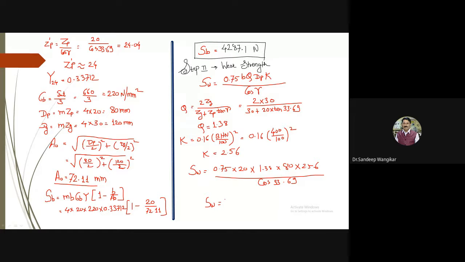Any other value in this? Or I will say round up 96.